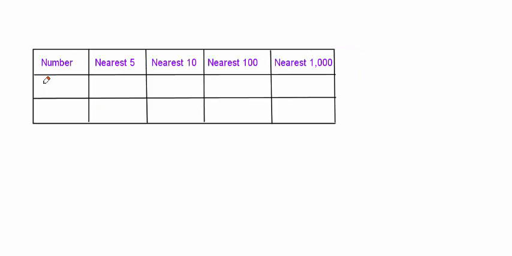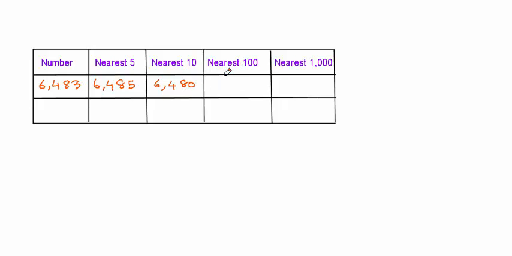Take for example the number 6483. The nearest 5 to this number is 6485, because 83 is closer to 85 than to 80. The nearest 10 for this number is 6480, because 83 is closer to 80 than to 90.